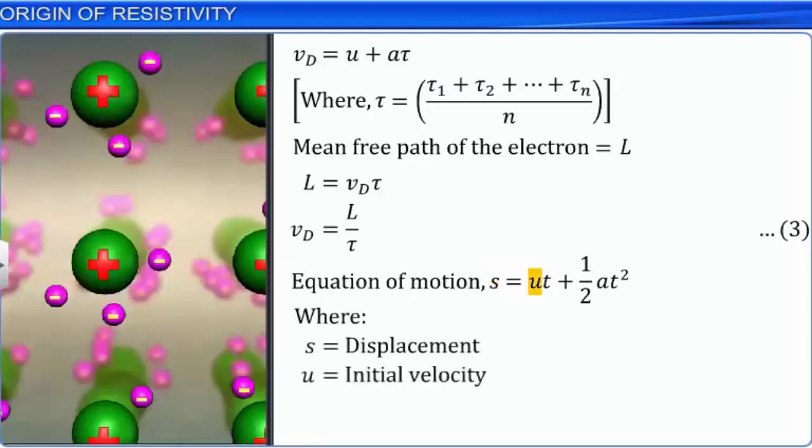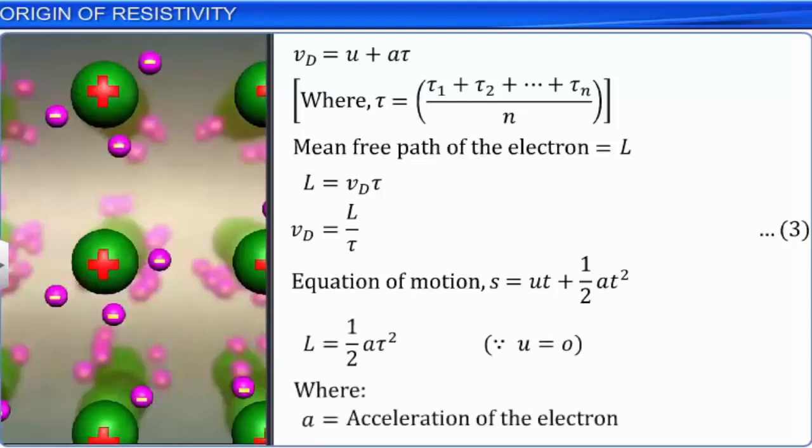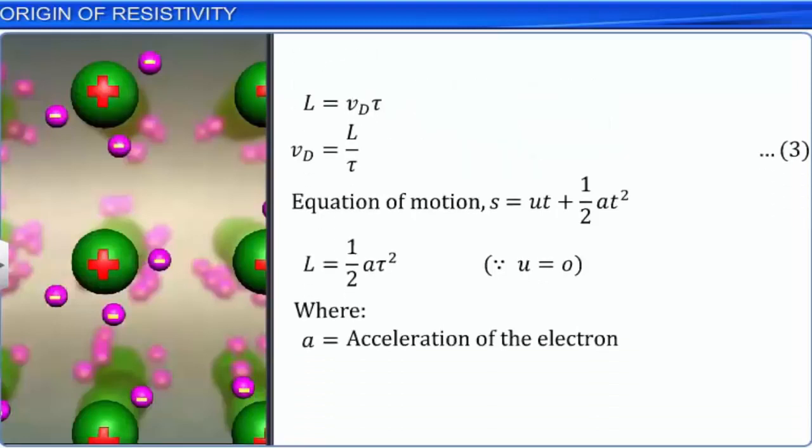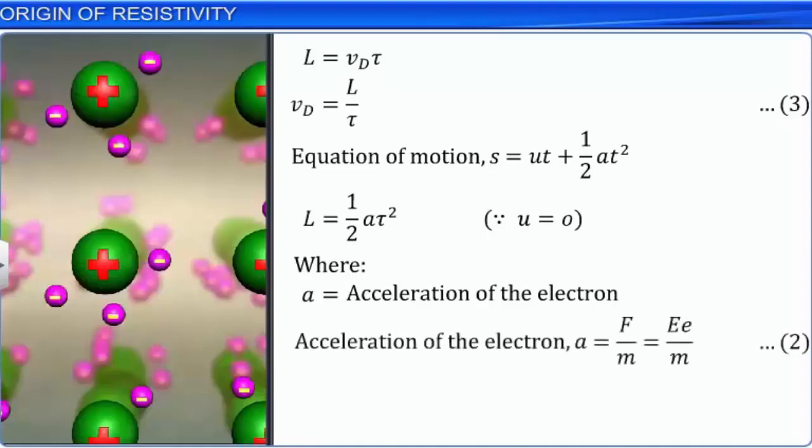From this equation of motion, we get L is equal to half a into tau square, where a is the acceleration of the electron. Substituting the value of the acceleration from equation 2 and simplifying, we get L is equal to half e into E by m into tau square. Let this be equation 4.